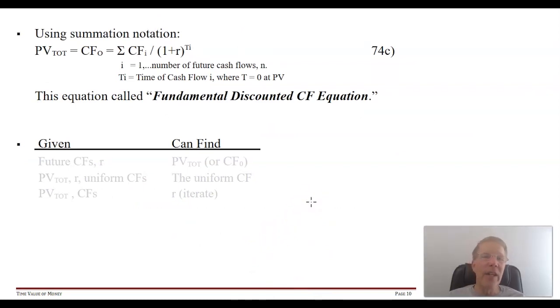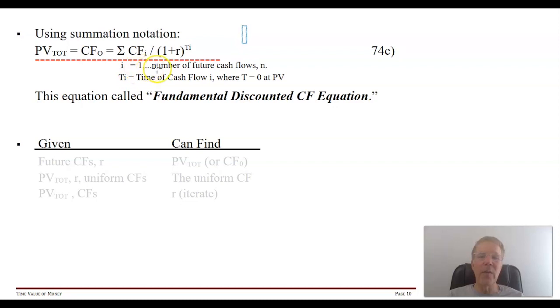So now we can take that general concept and use summation notation and get a general formula for us. So that's going to look like this. PV tot equals CF0 equals the sum of all the cash flows, where before we add them up, for cash flow I, we discount it by 1 plus R to the time of that cash flow.